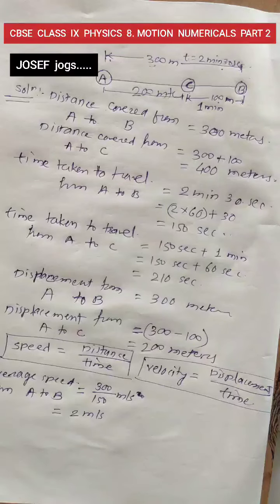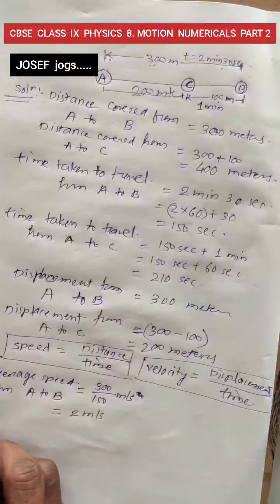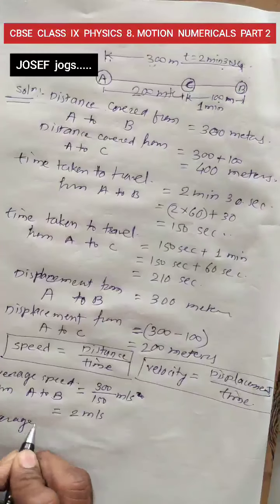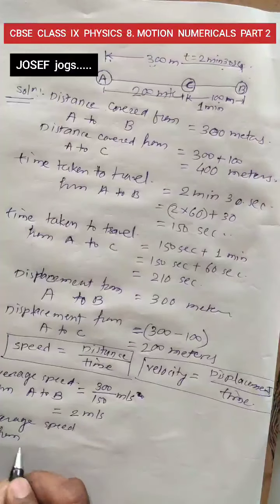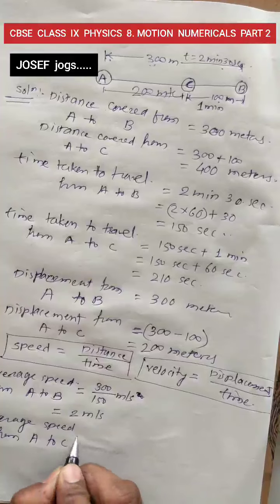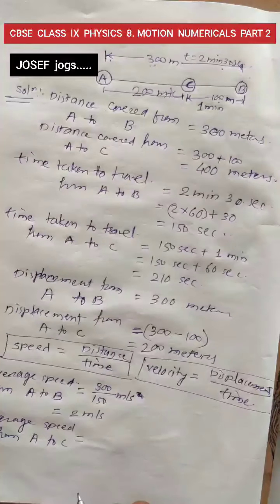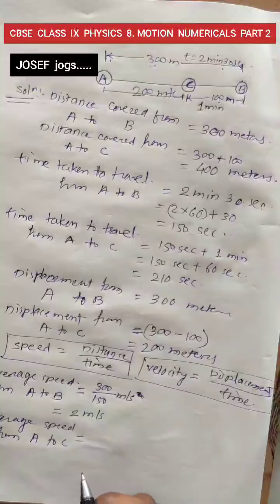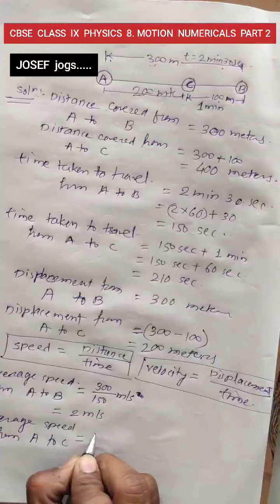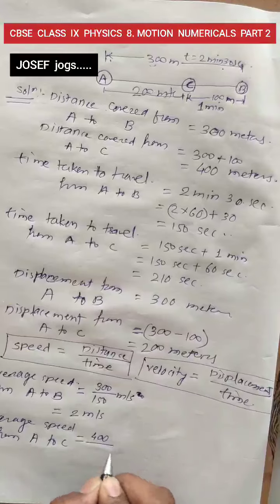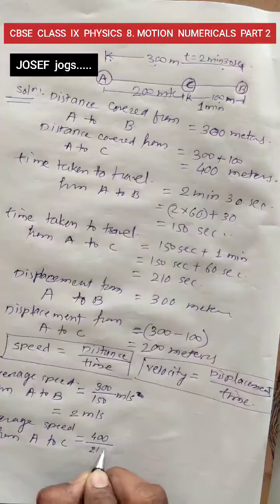Now we have to calculate the average speed traveling from A to C. So in the next part, average speed from A to C. Now the distance from A to C is completely 400 and the time taken is 210.